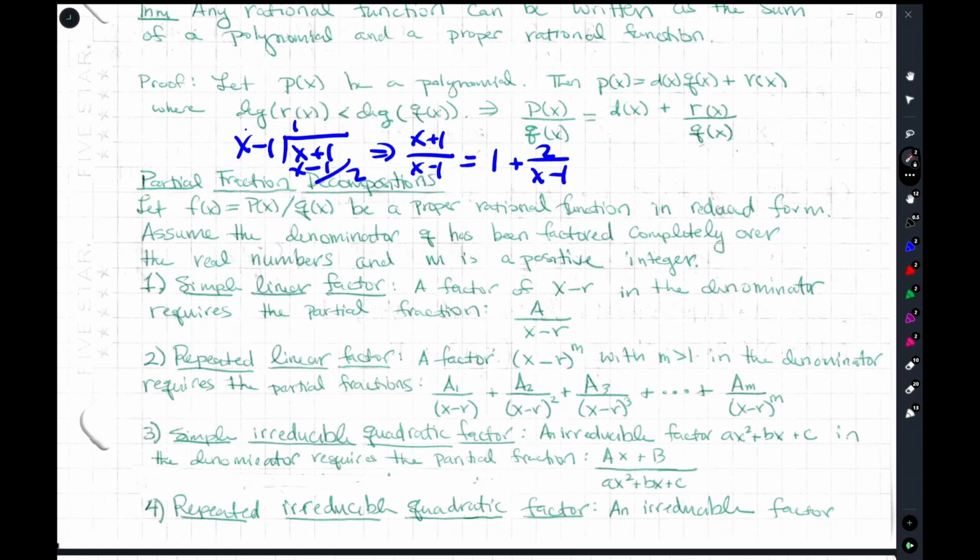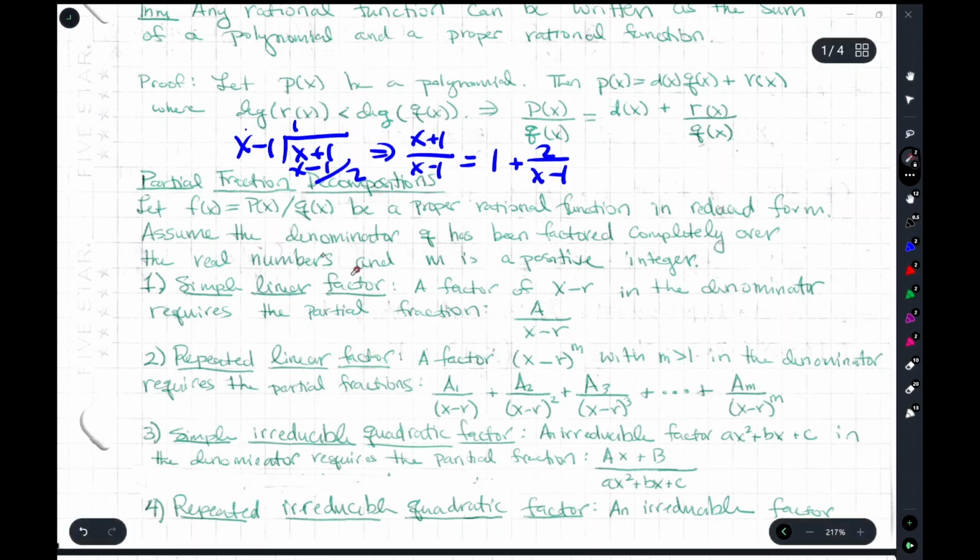So let's look concretely at the partial fraction decomposition method. If you do have a rational function that is proper and in reduced form, again, the degree of the numerator is strictly less than the degree of the denominator, and they don't have any common factors.